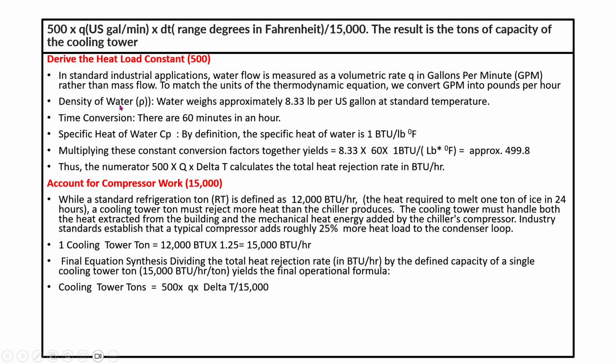Now the density of water is approximately 8.33 pounds per US gallon. For time conversion, 1 hour is equal to 60 minutes. Specific heat is equal to 1 BTU per pound per degree Fahrenheit.